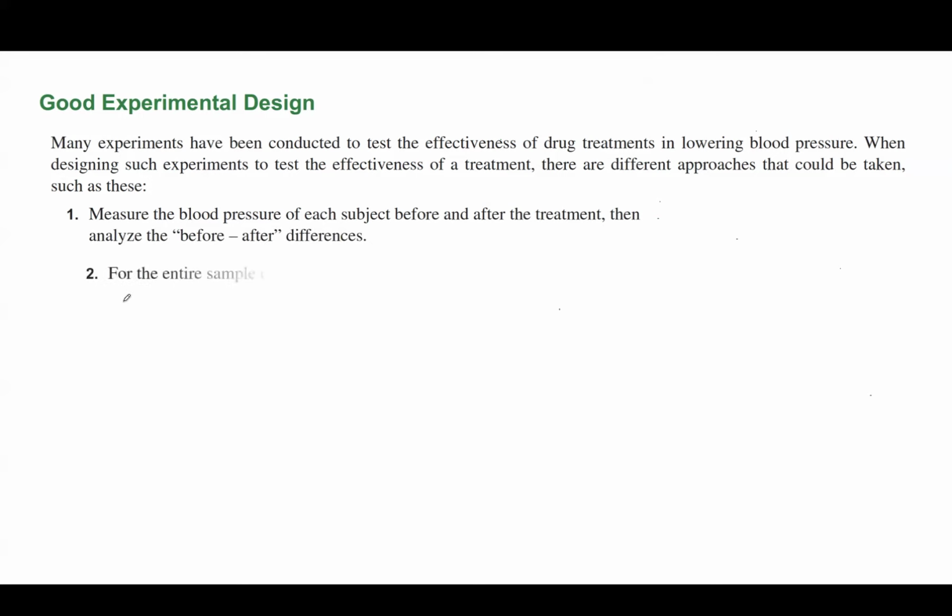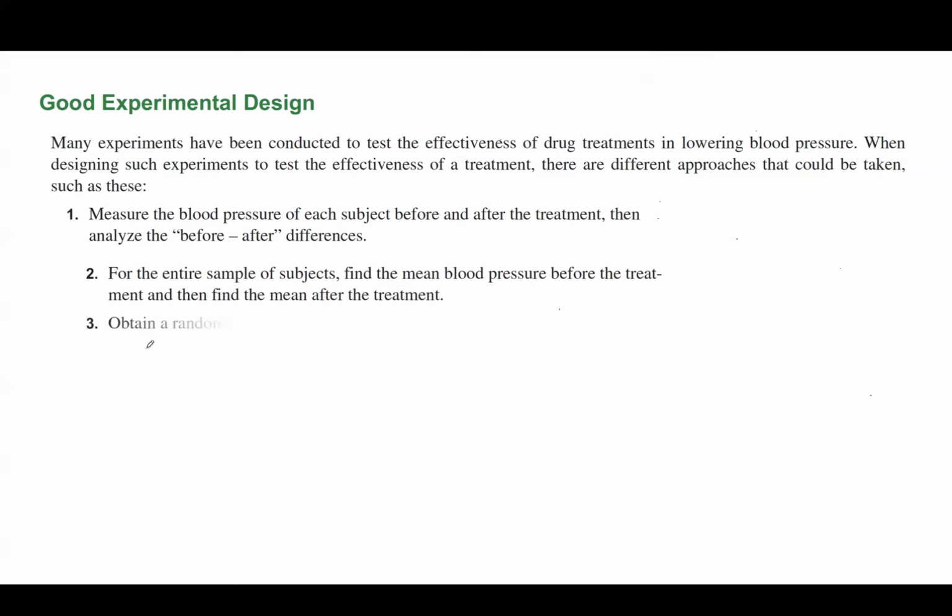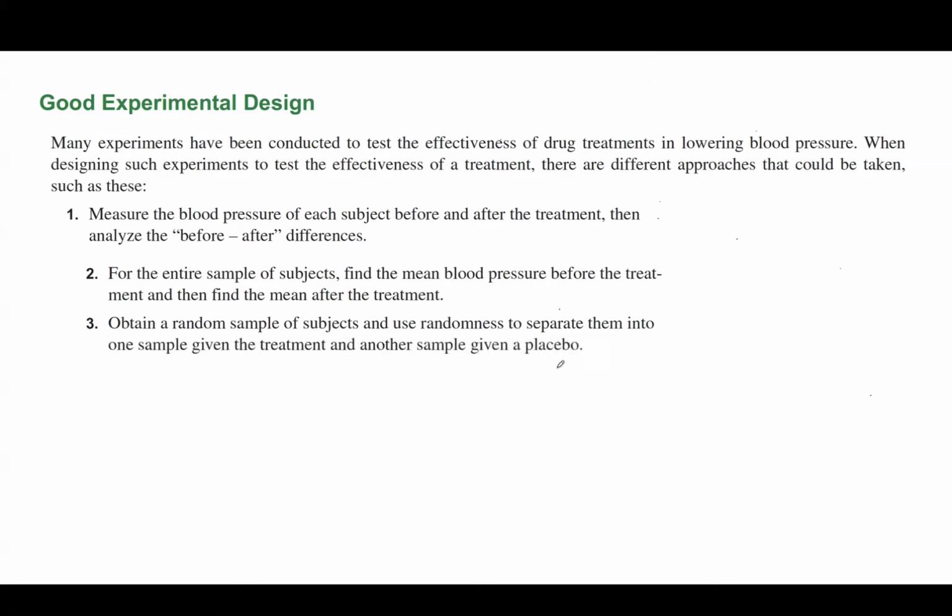Two, for the entire sample of subjects, find the mean blood pressure before the treatment and then find the mean after the treatment. Number three, obtain a random sample of subjects and use randomness to separate them into one sample given the treatment and another sample given a placebo.